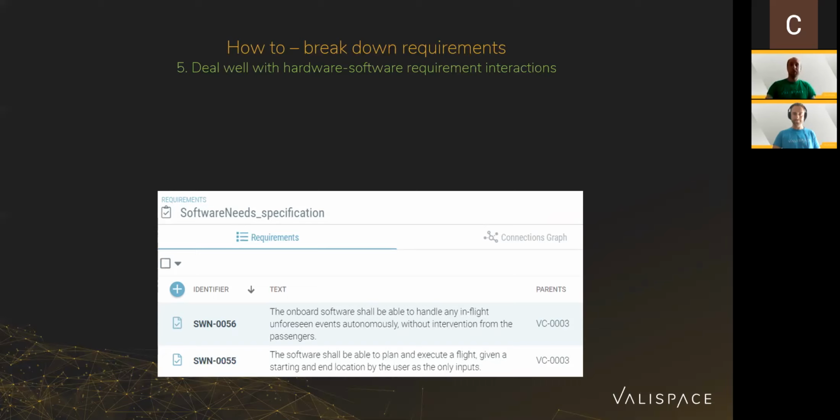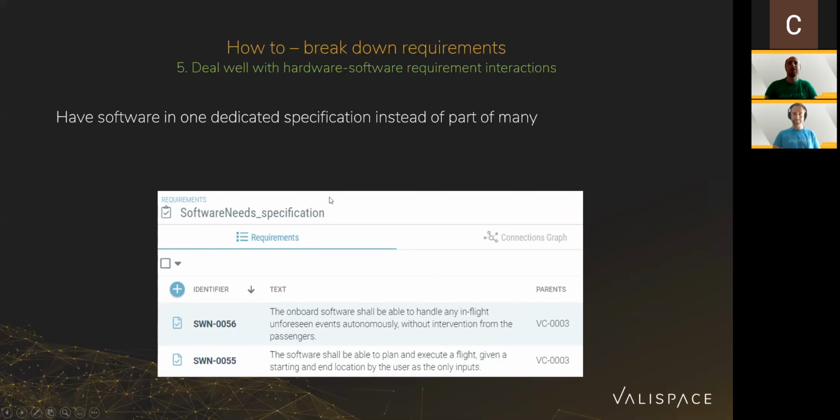We see that if you treat the software specification in a single place, so you just say one specification instead of having the onboard computer and then the motor software and the other software, it's better to have software in a specific place, because usually there's highly interactive parts.